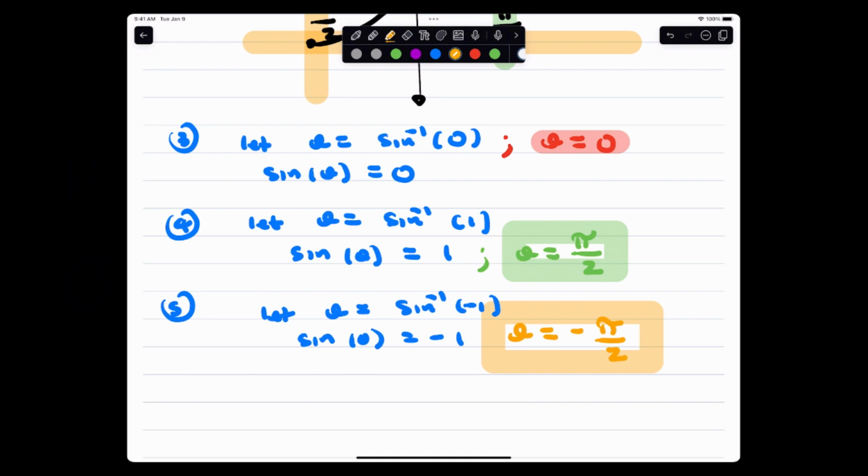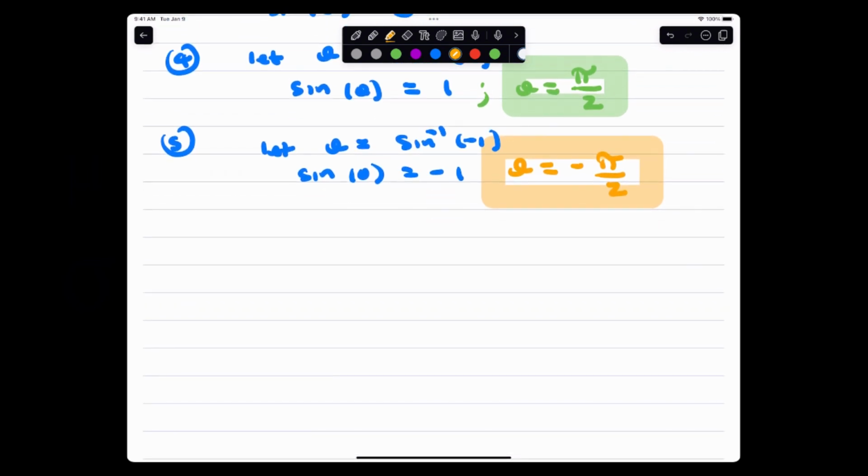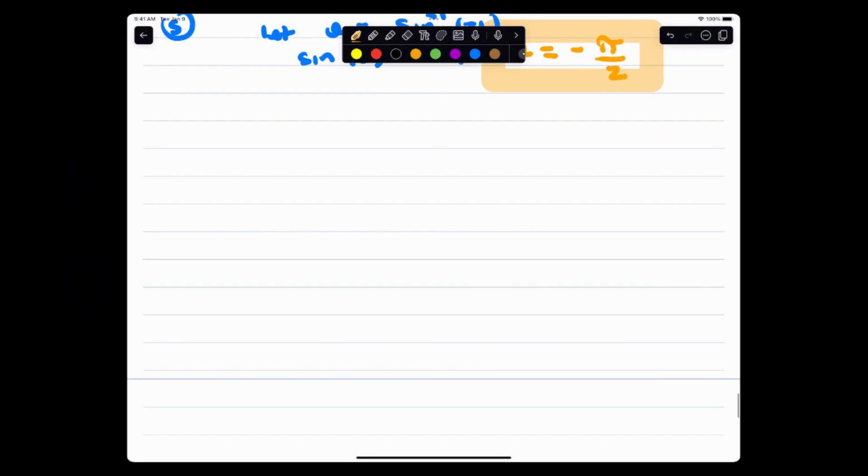All right, ladies and gentlemen. That brings us to inverse what? Cosine, okay? Inverse cosine. Anyway, okay, so here's what I'm going to talk about.